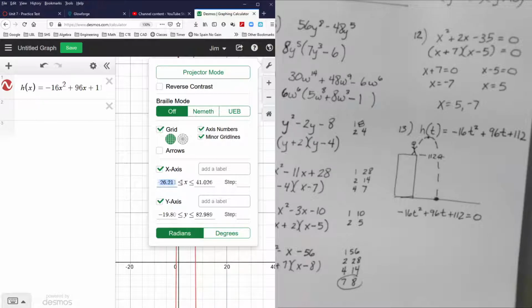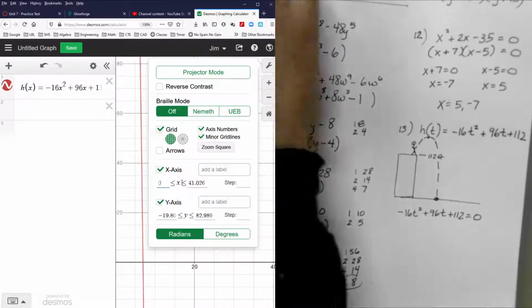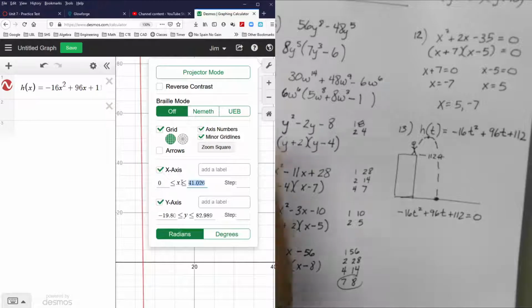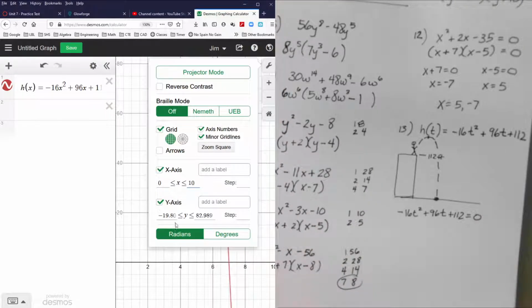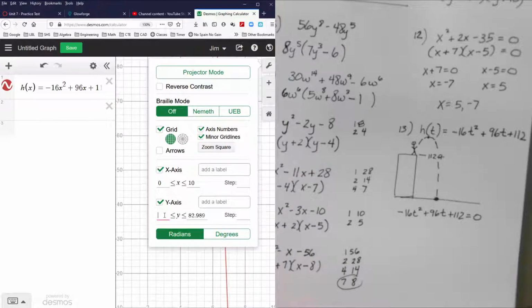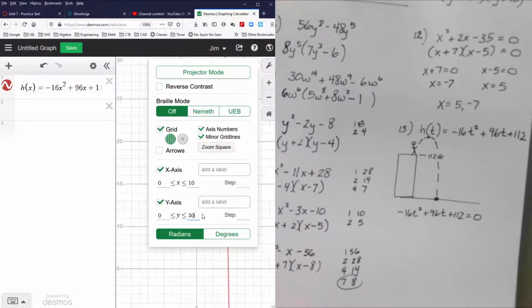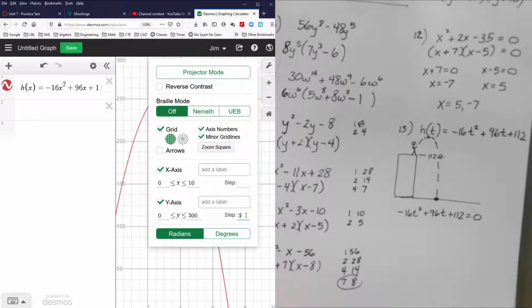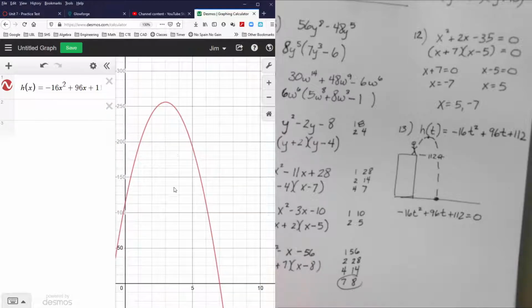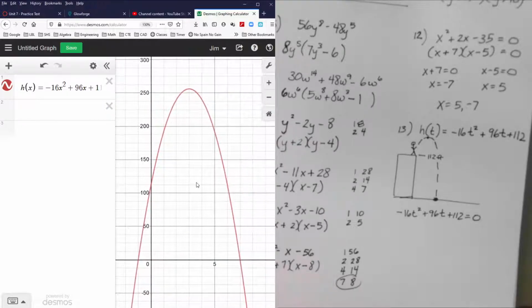I'm going to go from 0 to 10 here, and for the other axis, I'm going to go from 0 to 300 in steps of 50. Okay, so that makes that a little bit easier to see.